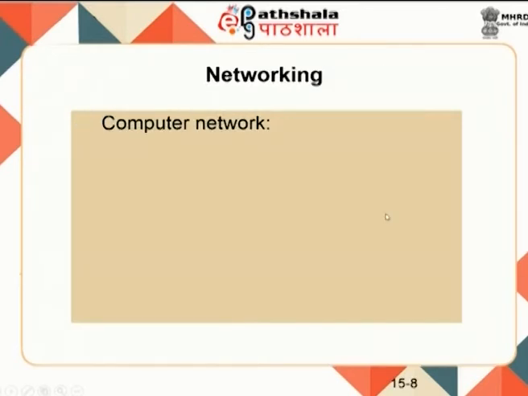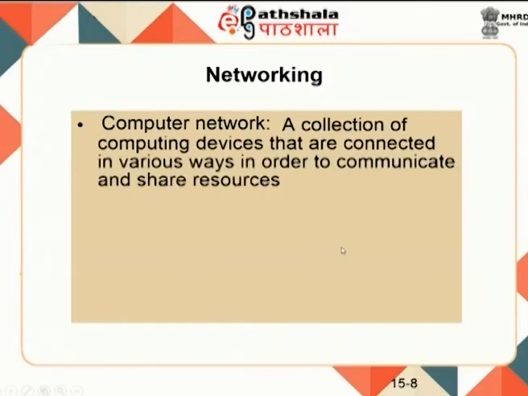So, let us take a look at what is networking. In a computer, a network is defined as a collection of computing devices that are connected in various ways in order to communicate and share resources, which means that the two machines where process A and process B are running want to talk to each other.